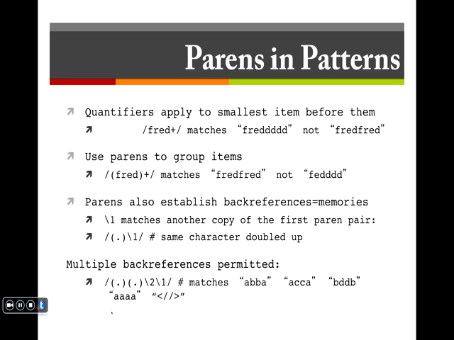How about if I follow it with two numbers? So we want to use them as two delimiters or multiple back references. So open parenthesis, dot, close parenthesis, open parenthesis, dot, close parenthesis. That means any two characters. It could be the same, it could be different. Then followed by \2, which refers to the second pair of parentheses, so the second dot, and followed by \1, that means the first one.